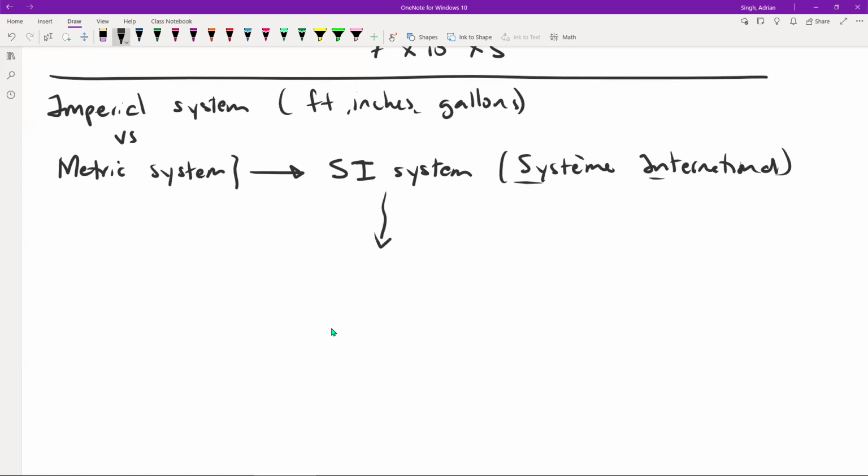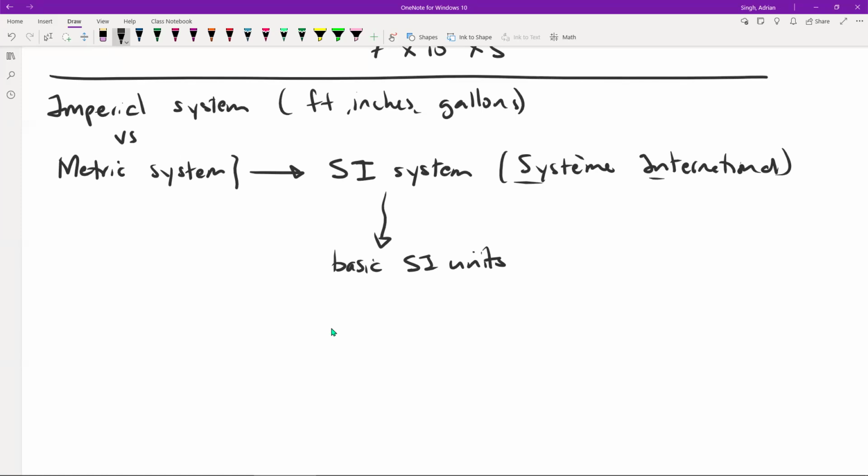This SI system has established 7 basic units to measure different quantities. So the basic SI units that we're going to see are things like the following. Some of them we see more than others.